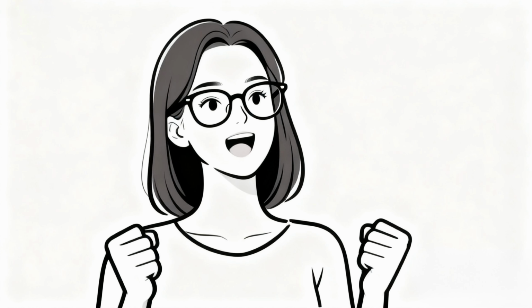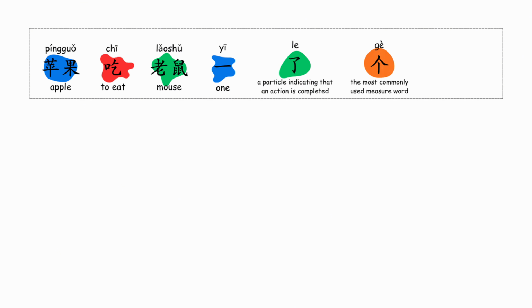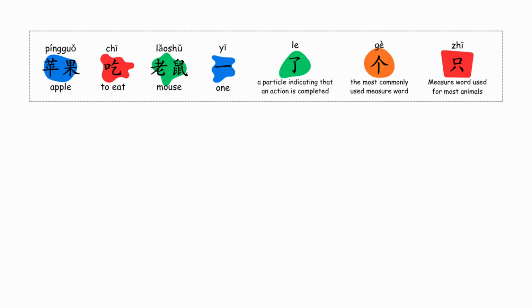Okay, let's have a little fun. I'll give you some words. 苹果，吃，老鼠，一，了，个，只。Now, let's build some sentences together.